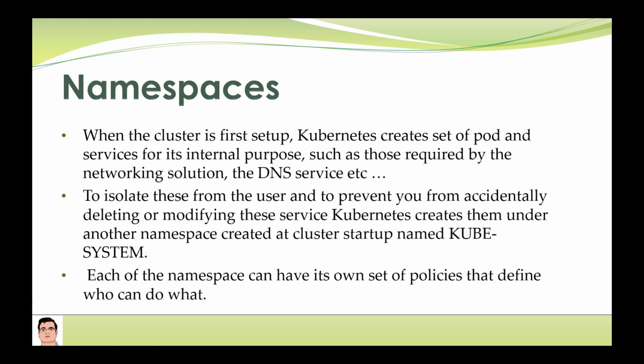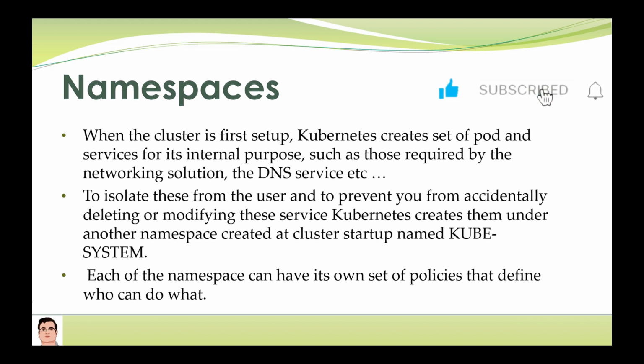When the cluster is first set up, Kubernetes creates pods and services for its internal purposes. Several static pods are created at the time of creating the Kubernetes cluster, such as those required by the networking solutions and DNS service, because the master needs to manage everything.